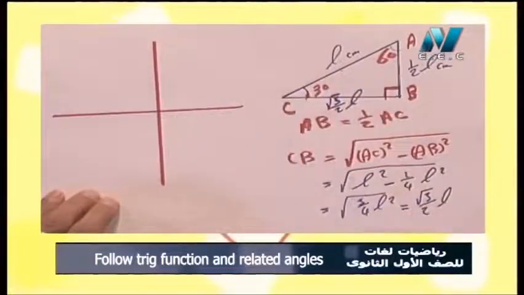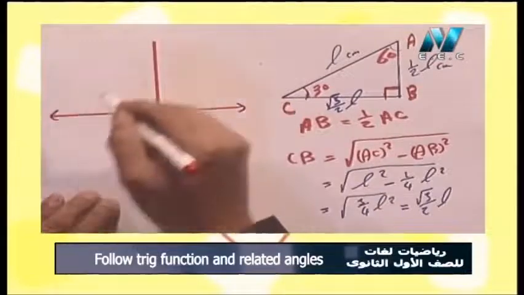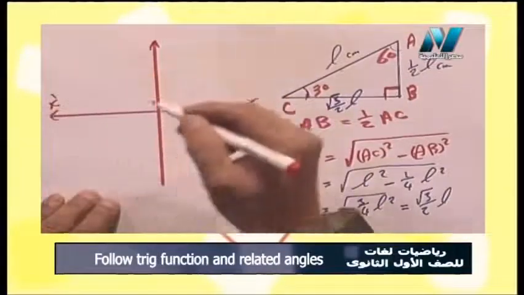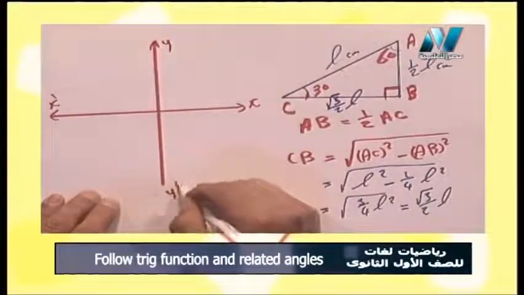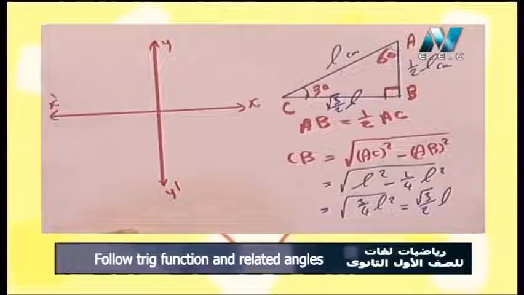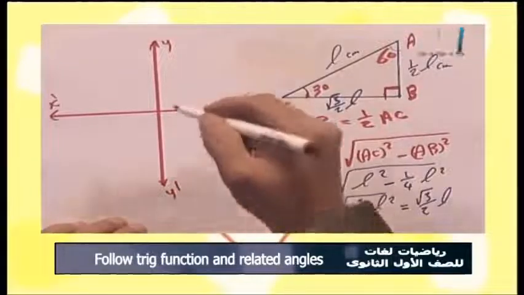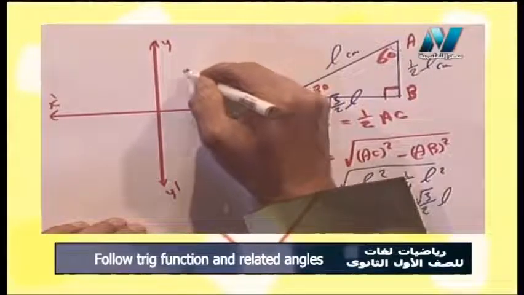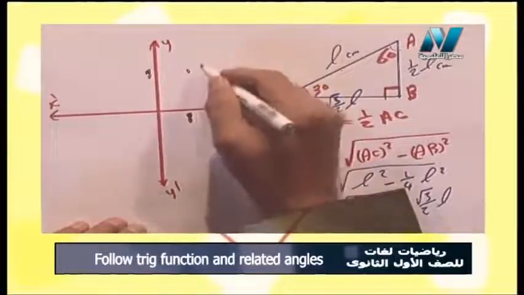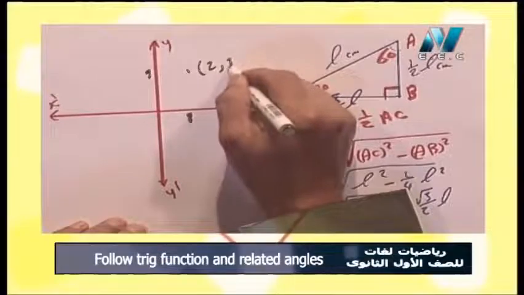If we have x and y coordinates like that, x dash, y dash, and we have a point like that here, 2 and 3. This is 2, this is 3, and this point will be 2 and 3.